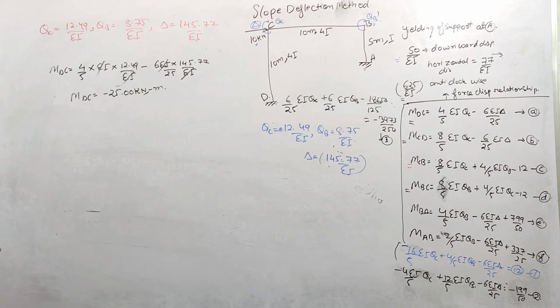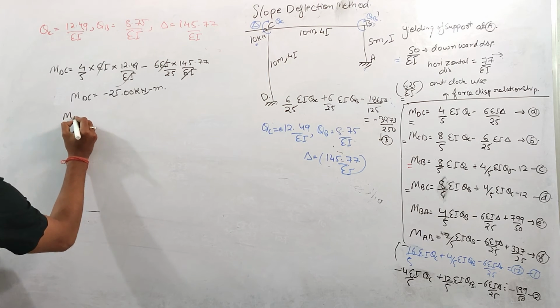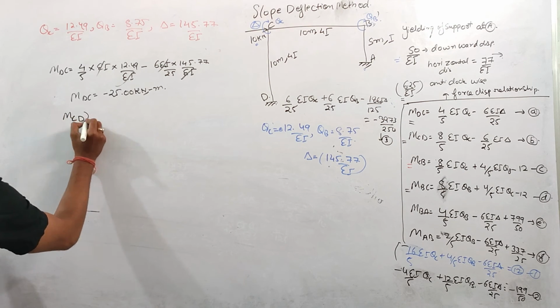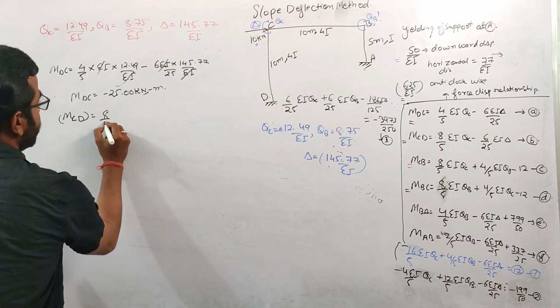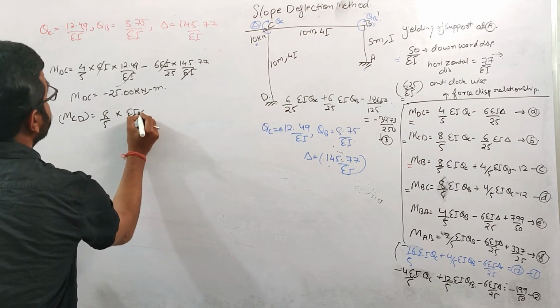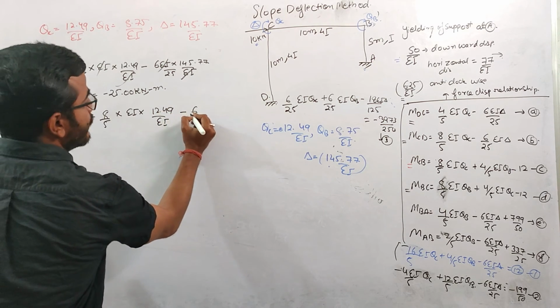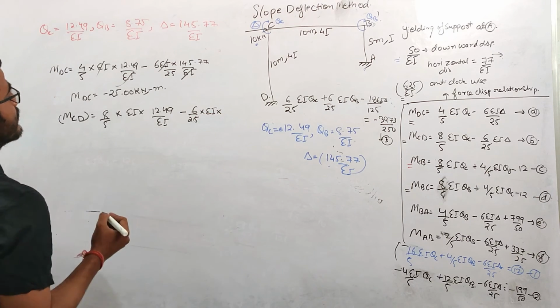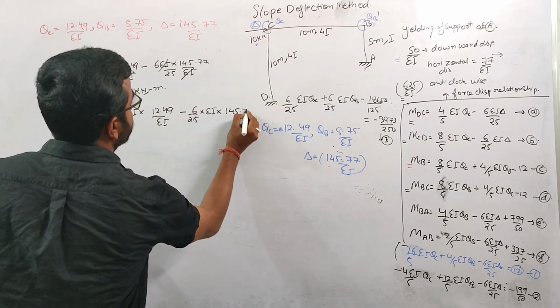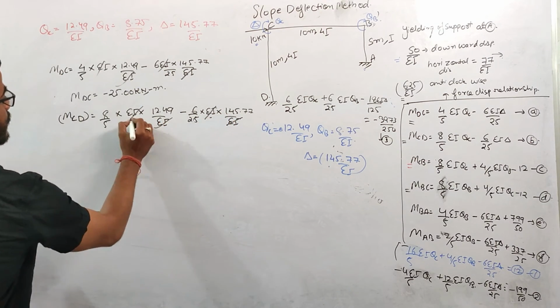Now let us come to the moment MCD. MCD is equals to 8 by 5 EI into theta c, which is 12.49 over EI, minus 6 by 25 into EI into delta, where delta is 145.77 over EI. So EI will cancel out each other.